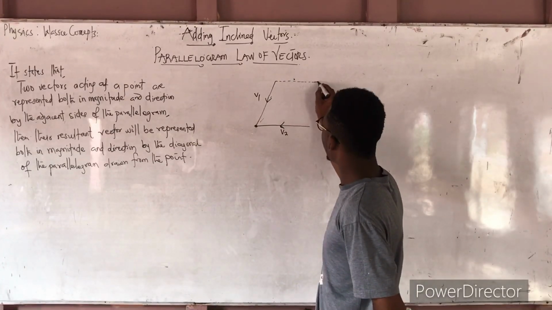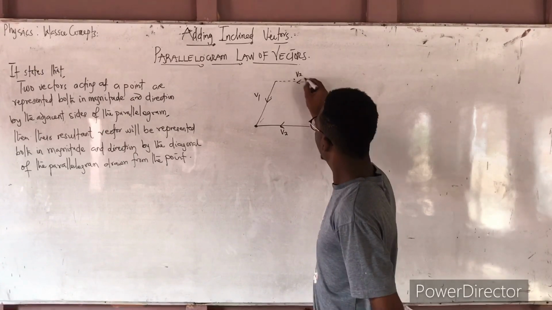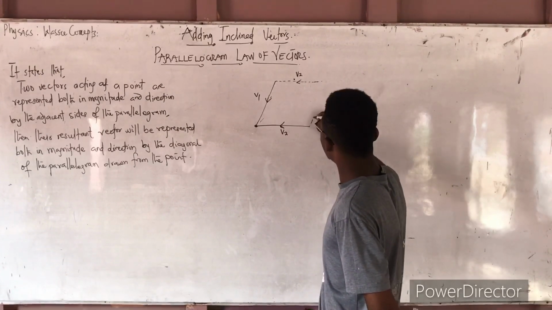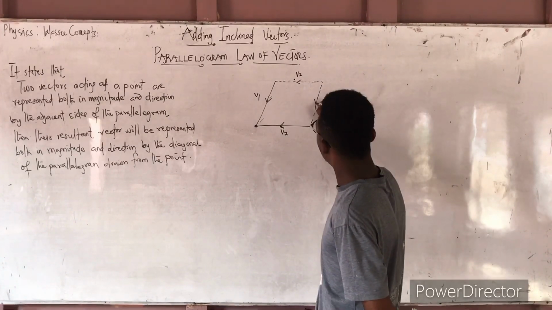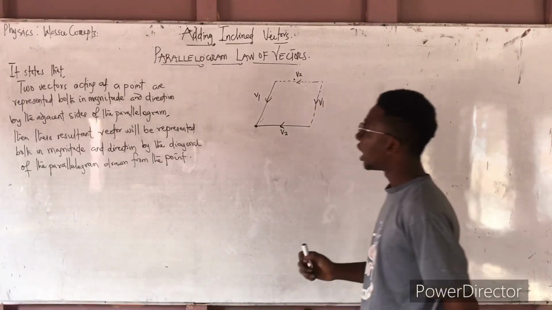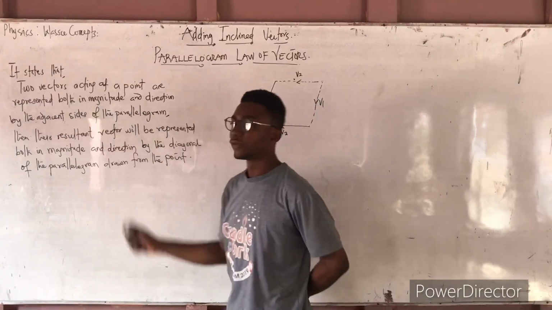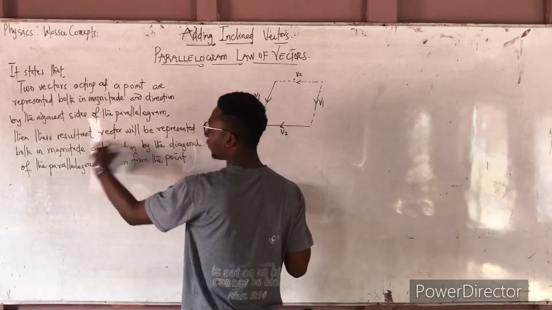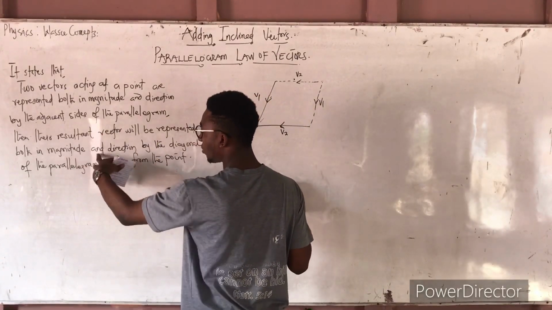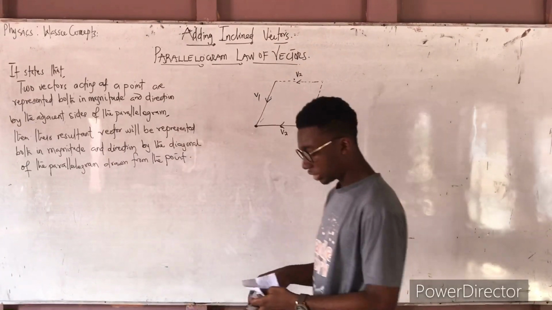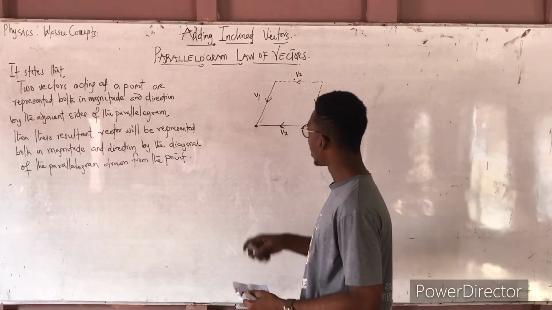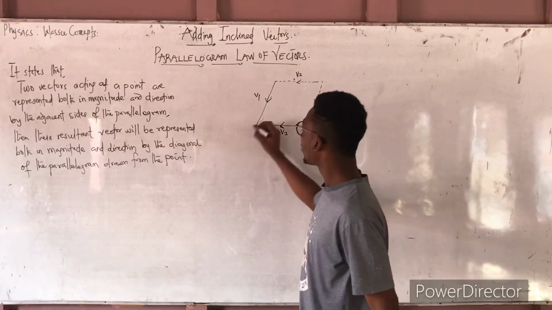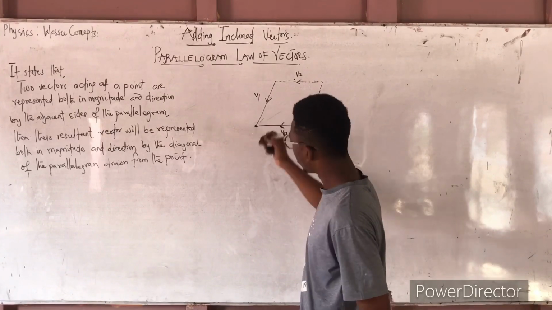This is the adjacent side of vector V2, and this becomes the adjacent side of vector V1. Now, if you add the adjacent sides to form the parallelogram, the resultant vector will also be represented both in magnitude and direction by the diagonal of the parallelogram.